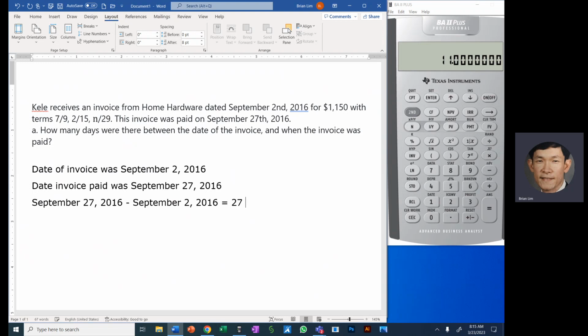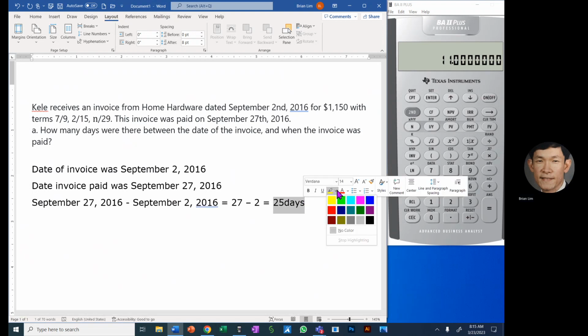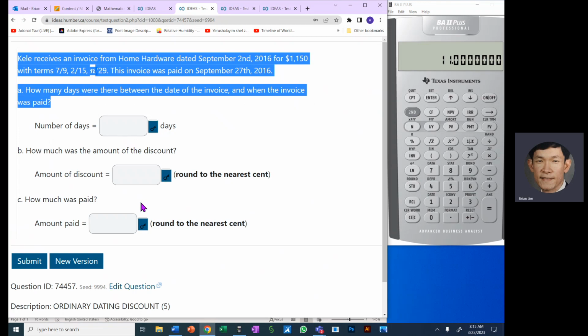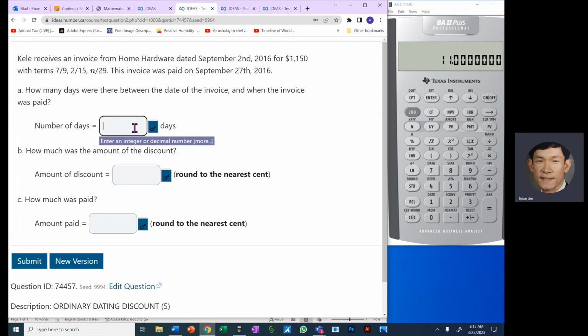Well, 27 minus 2, that's equal to what? 25 days. All right, so this is the amount. 25 days occurred between the date of the invoice and when the invoice was paid. So in here, we can put in our 25.